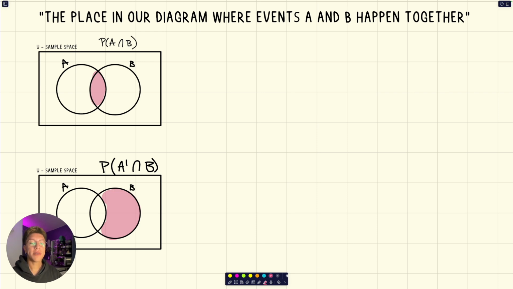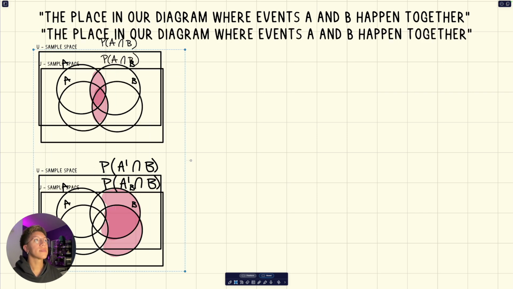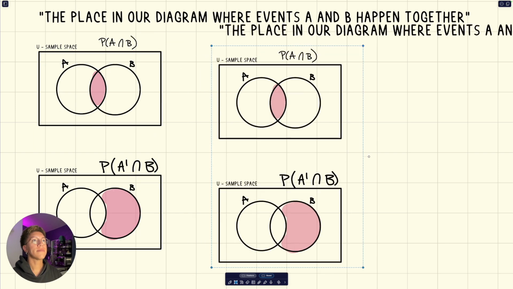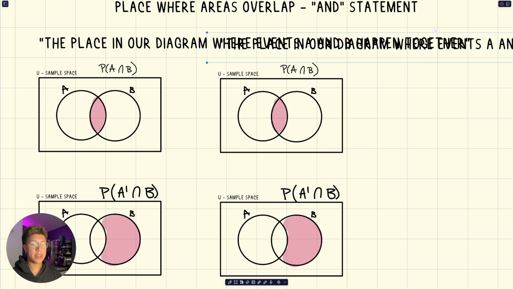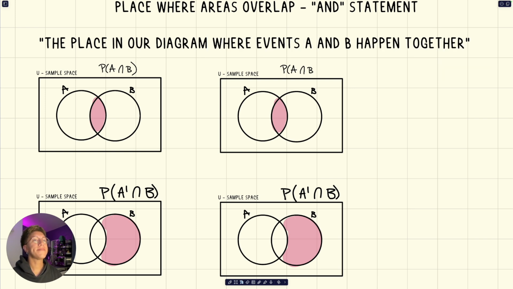And so we can repeat this process two more times and see all the possible cases of intersection. So let's grab these two diagrams, and we'll just move that over here. And we'll take that and delete that.